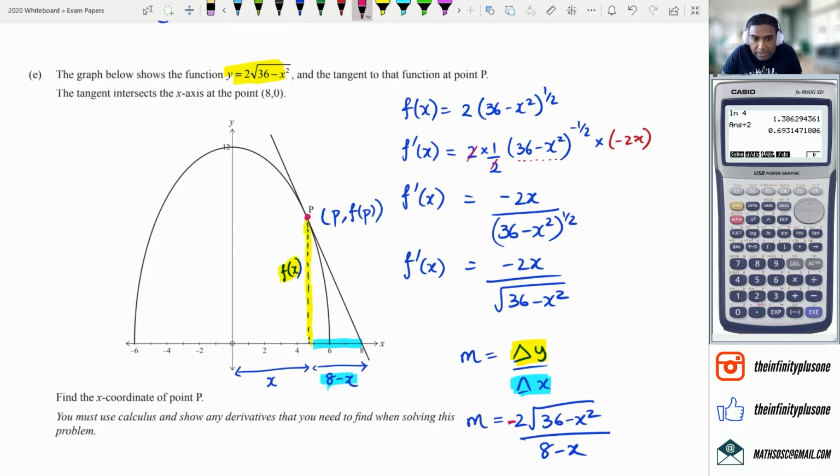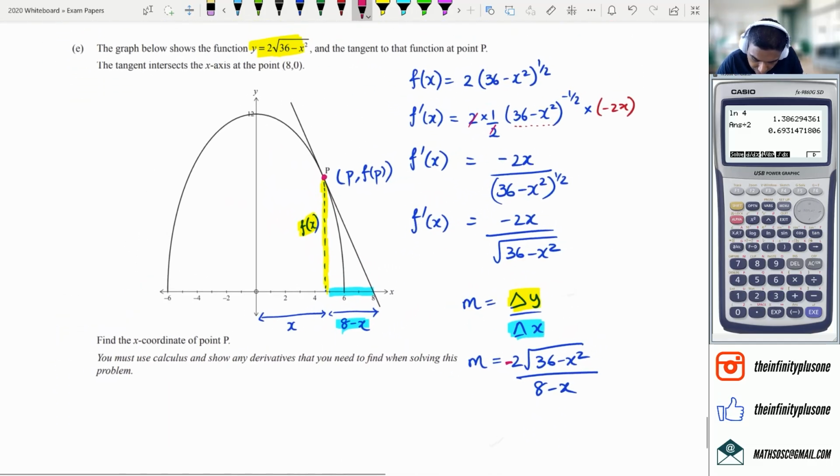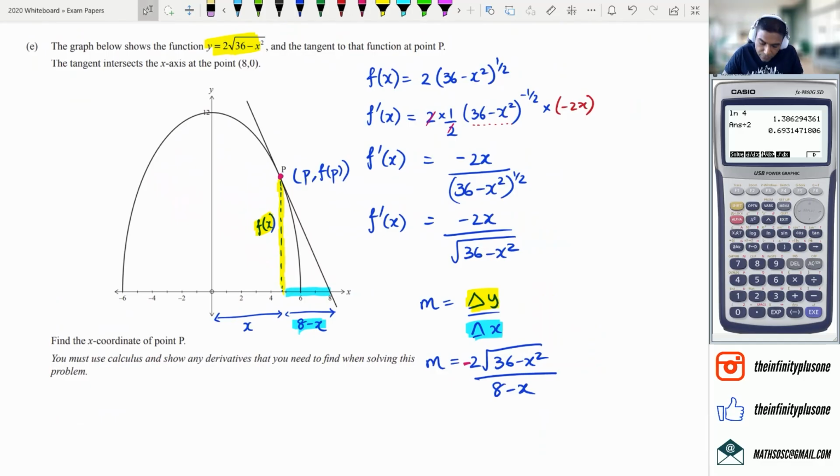So this is what the gradient of that tangent is. The straight line has a gradient because you've got change in y, which happens to be f of x, and change in x, which is the blue part, 8 minus x. So we've got an equation for the gradient, which is this thing right here.